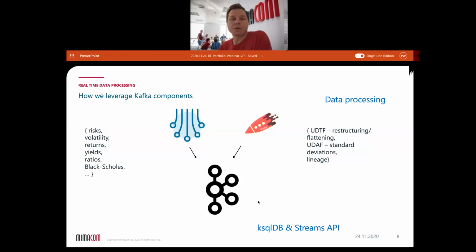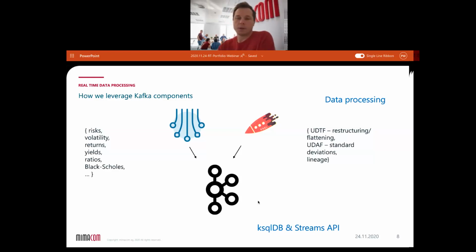It can be used for flattening of data. You have to remember there are a lot of incoming sources which differ in the structure, and having this base of already prepared functions easy to be used in your queries in KSQLDB simplifies the data processing of this value, of this characteristics greatly.